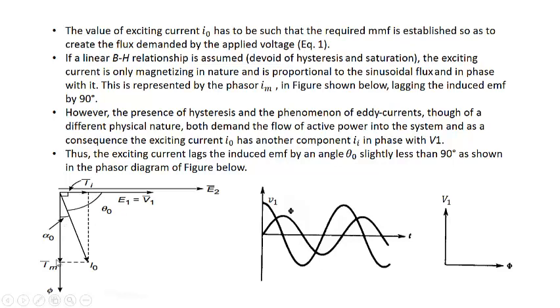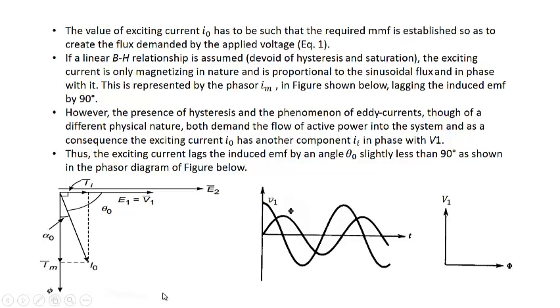That is, this will be lagging to this because Im will be in phase with phi and II will be in phase with V1. Adding them we get I naught, which is lagging V1 by slightly less than 90 degrees.